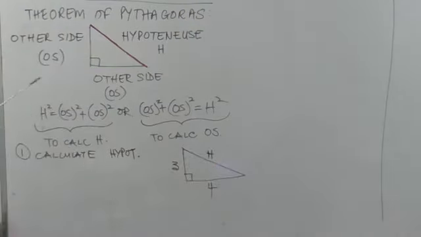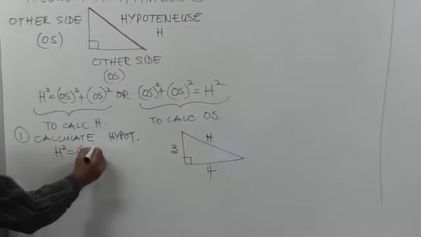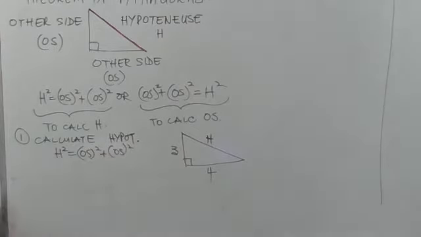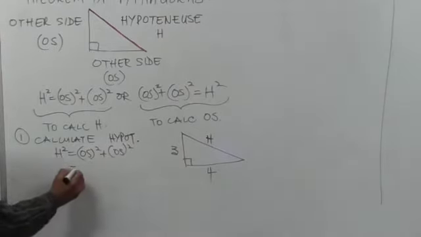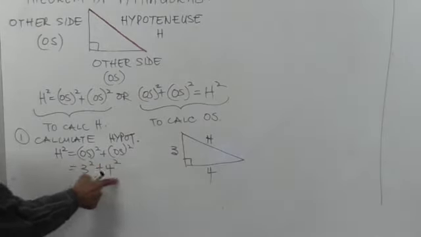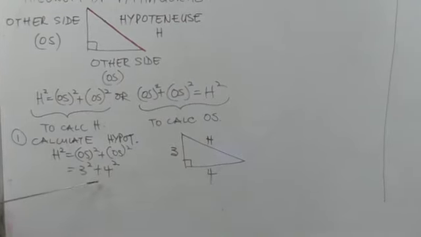So you will use this formula here. So H squared is equal to the other side squared plus the other side squared, which is equal to 3 squared plus 4 squared. Now put that in the calculator. Please use the calculator. You have paid money, use your investment.